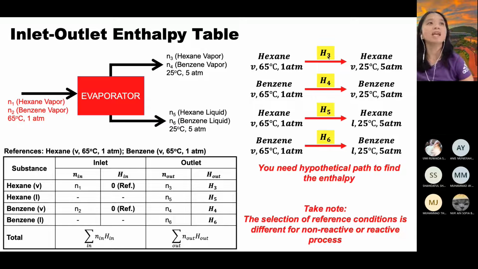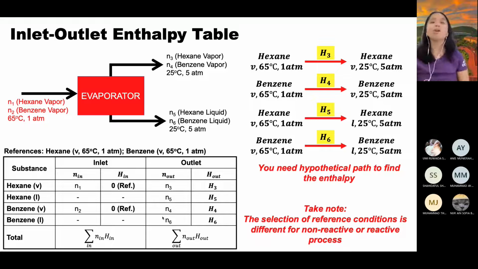Sebab nak mengira enthalpy, katakanlah kita nak kira perubahan haba for this hexane, from vapor 65 Celsius 1 atm kepada vapor 25 Celsius 5 atm. Dia punya pengiraan bukan straightforward. Kamu kena buat dulu hypothetical path, then only you can calculate. Okay, so that's one challenge.